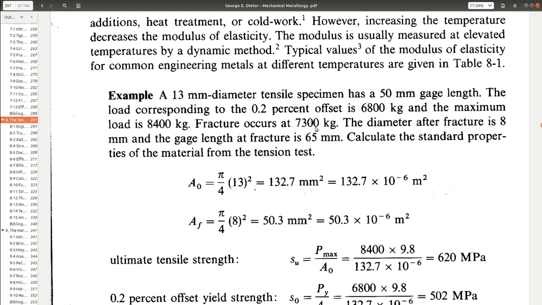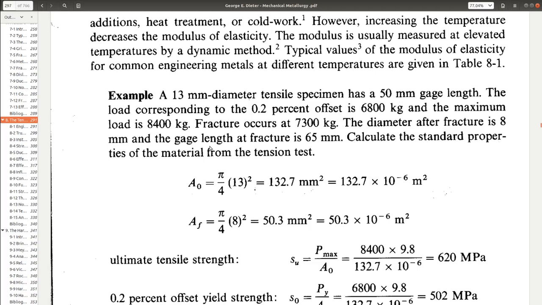And the fracture occurs at this load. Now the diameter after fracture is 8 mm, and the gauge length at fracture is 65 mm. Okay, so it's after fracture. Have they mentioned the initial diameter? No, they haven't. They haven't given the initial diameter, but the initial gauge length has been given, which is 50 mm.